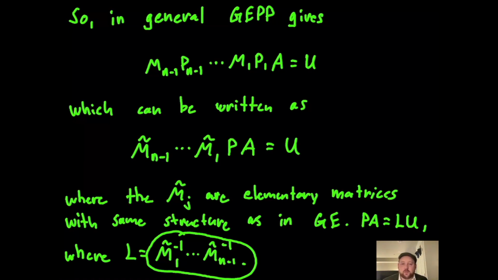And so you'll do the exact same thing for these tilde versions of M. And then to compute the product of them, you'll just take all their entries and squash it all into one matrix, like I showed you in the last video.